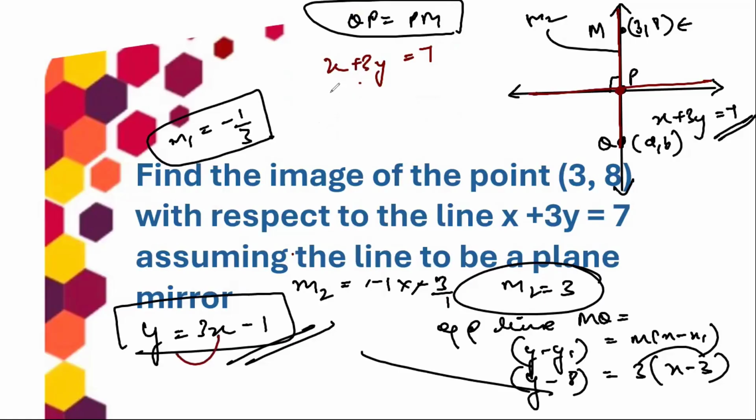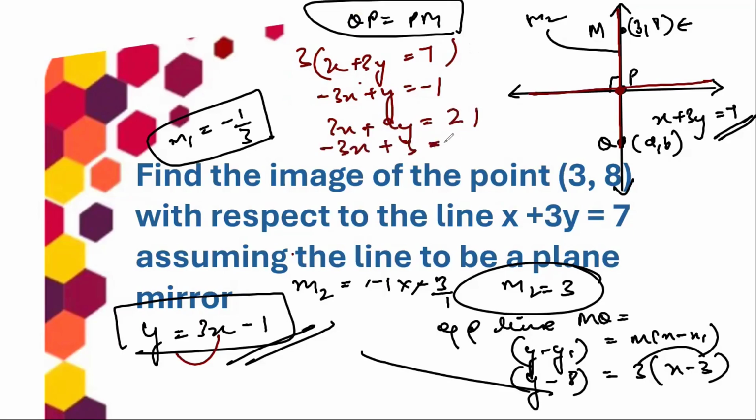Taking 3x to that side, it becomes -3x + y = -1. To solve it, I will multiply the first equation by 3, so it becomes 3x + 9y = 21. Adding this with -3x + y = -1, the x terms cancel out, giving 10y = 20. So y is 2.